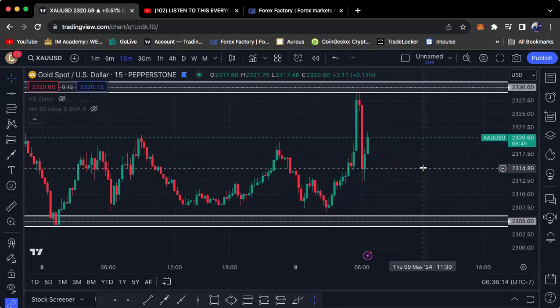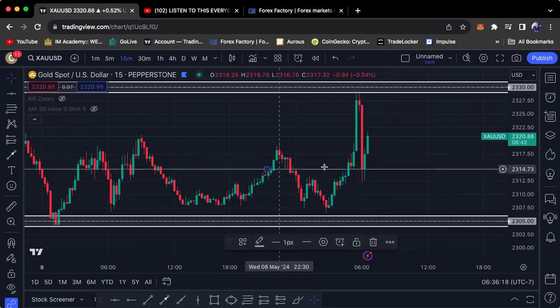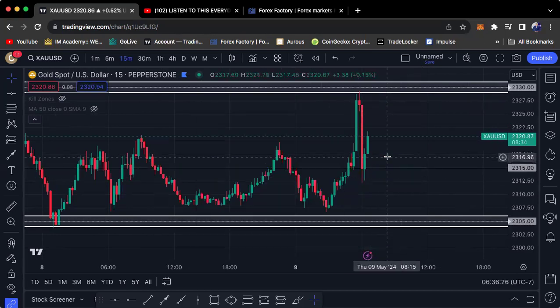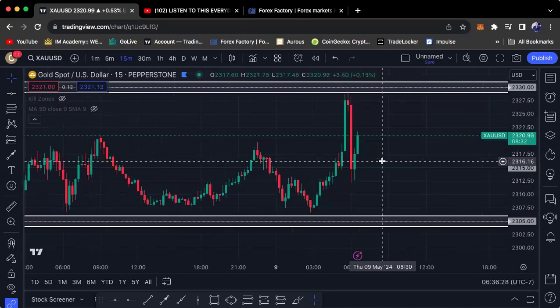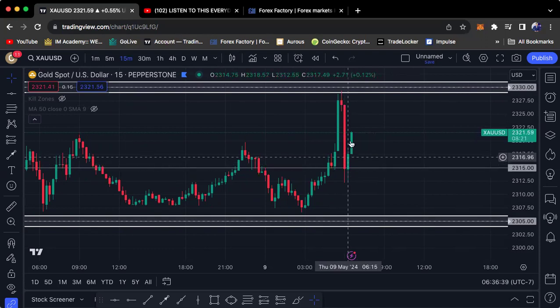Create a support level here. Why 23.15? Because look, it's supported here. Came down, boom, support, created a bullish candle, and it's trending up.